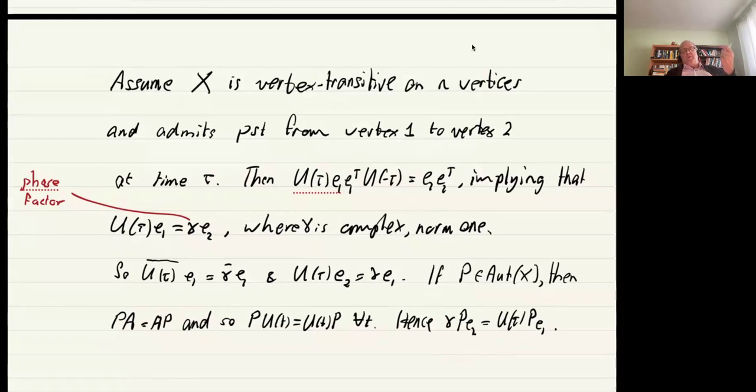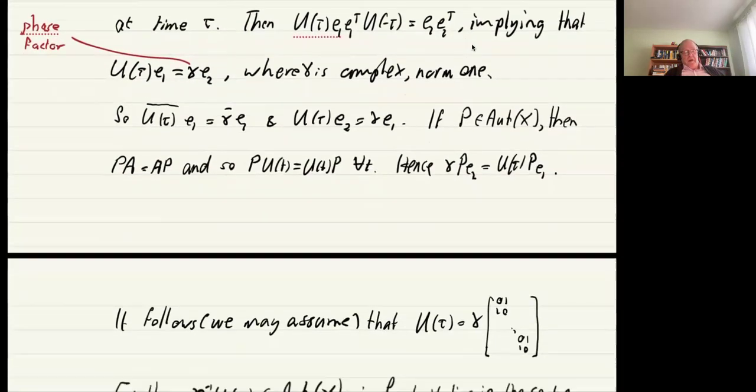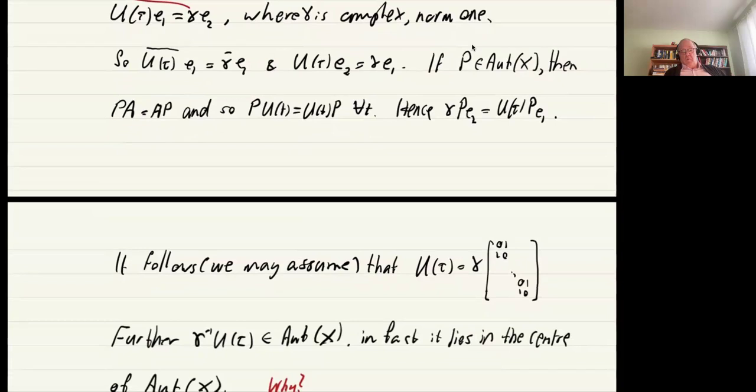So U(tau) is swapping things in pairs, but there's this phase factor there to confuse things a bit. What you get is you can assume that U(tau) has this form, gamma times a direct sum of 2 by 2 blocks. Okay, so this is the same structure as our perfect matchings from when we were looking at the cuboid graphs. Not that that's directly relevant.